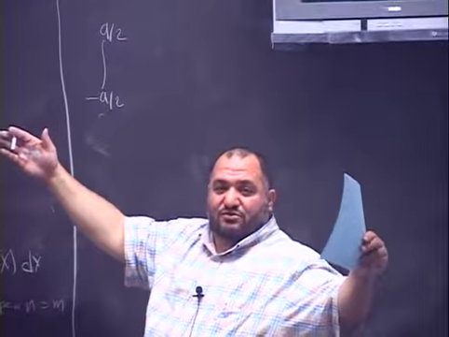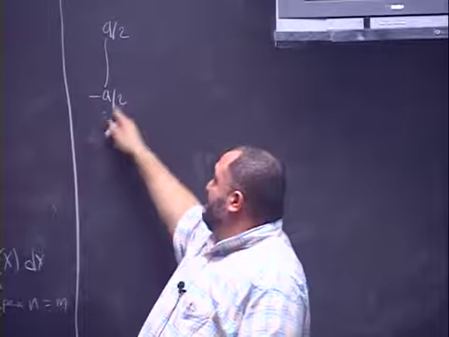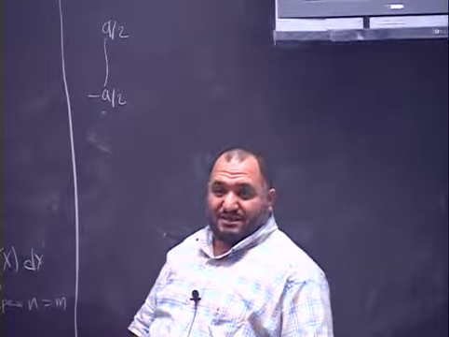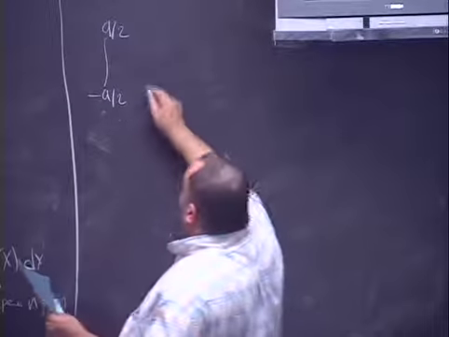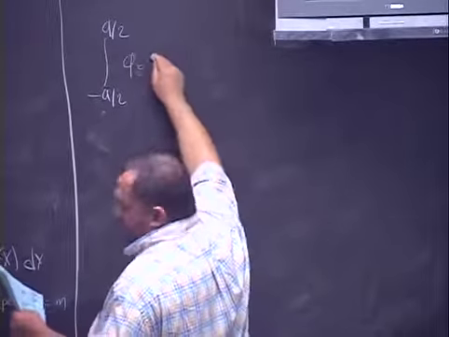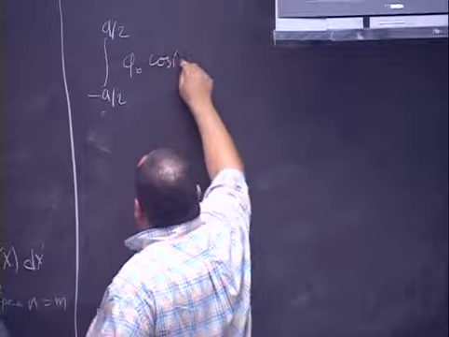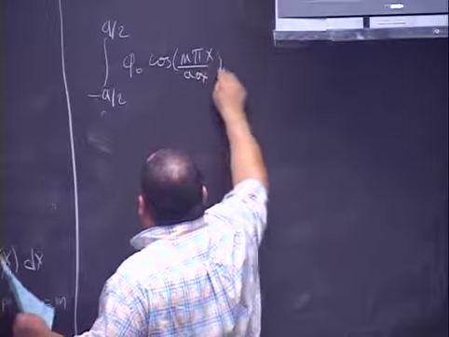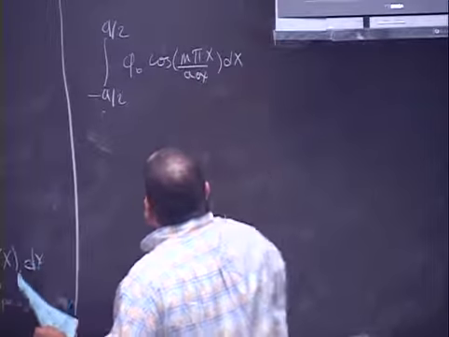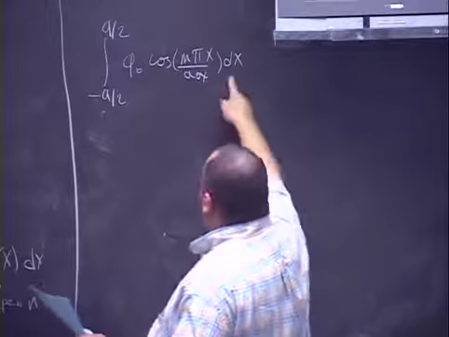The full period of the slab or the half period of the slab is what? Is a. Yes? So I have to integrate from minus a over 2 to plus a over 2, and this will give me phi naught times cosine m pi x over a, and I will integrate with respect to x.